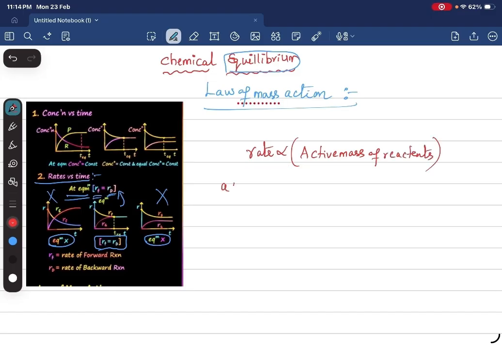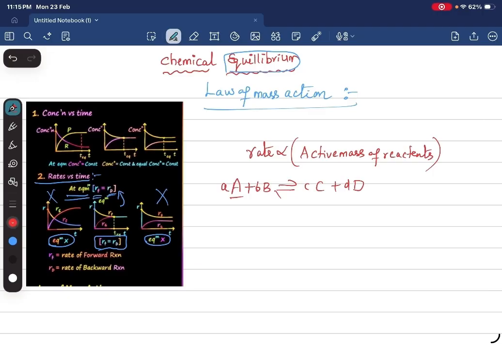So what is that? If you take aA plus bB gives rise to cC plus dD, here small a, b, c, d are coefficients and capital A, B, C, D are reactants and products respectively.